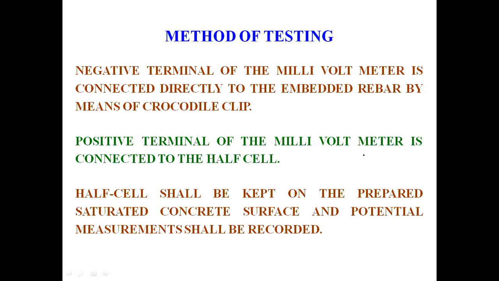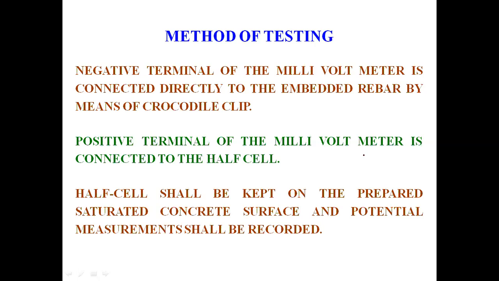One is the negative terminal, which is connected directly to the embedded rebar which we are supposed to measure, and the positive terminal is connected to the millivoltmeter, which is connected to the half cell.